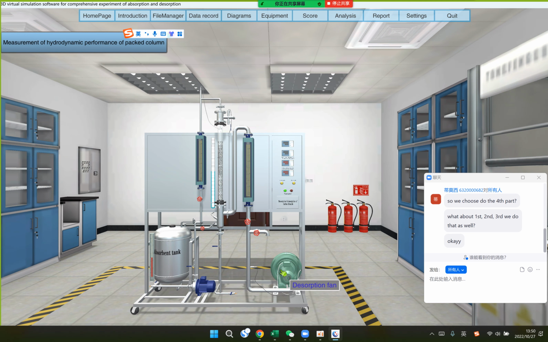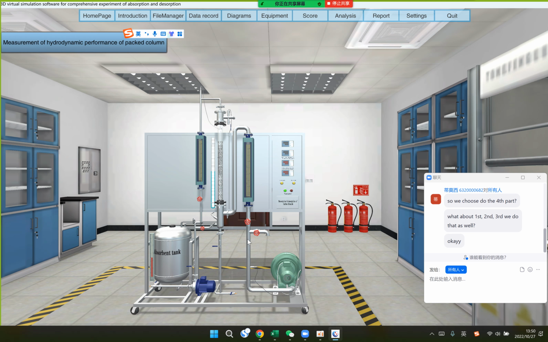There are three kinds of way to change the flow rate for some fluid transportation device, something like the centrifugal pump or the vortex air pump. First way is to change the opening of the valve after the pump or after the fan.